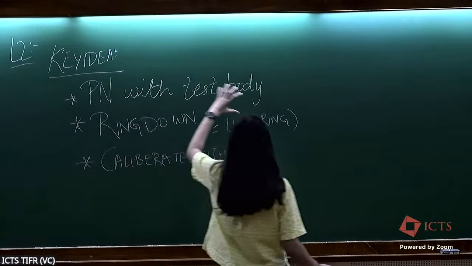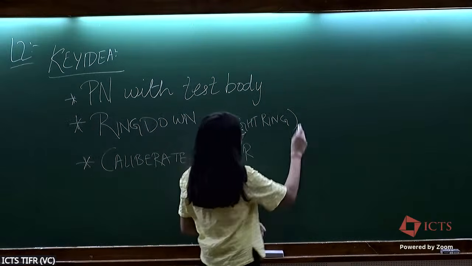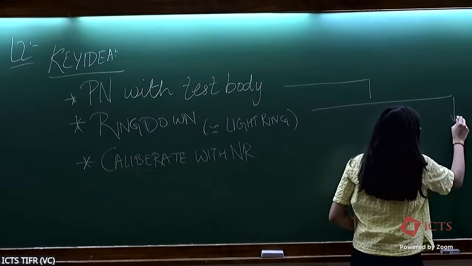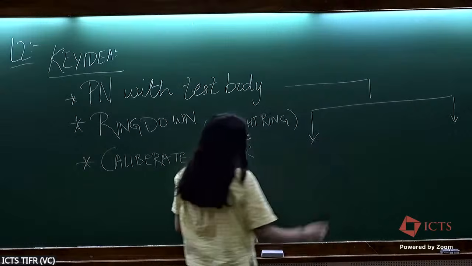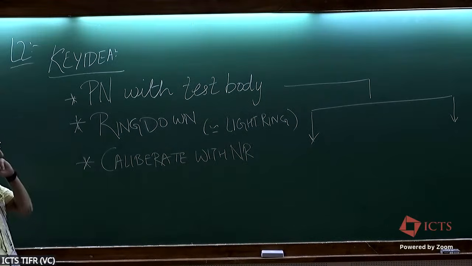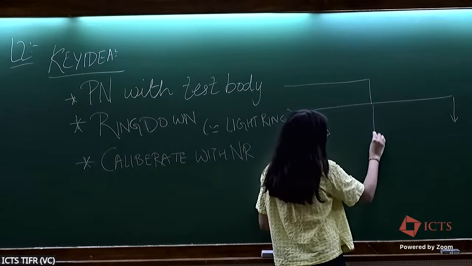And then we said when we combine the PN information with the test body results, we can separate the conservative part of the dynamics from the radiation reaction effects, meaning that there are now 3 building blocks of EOB.